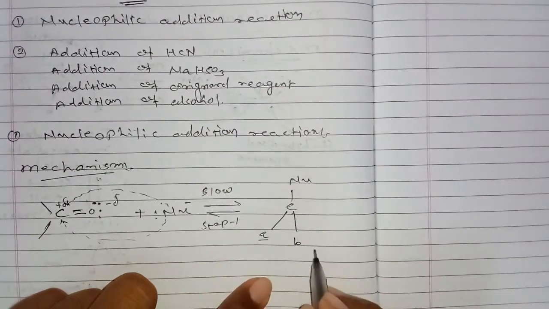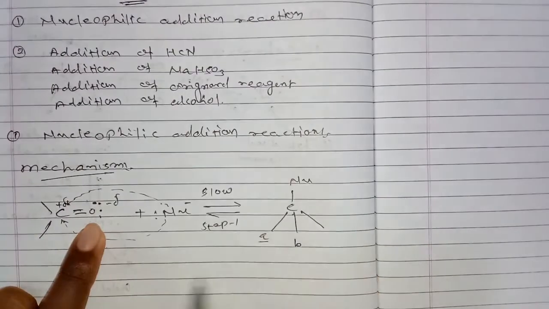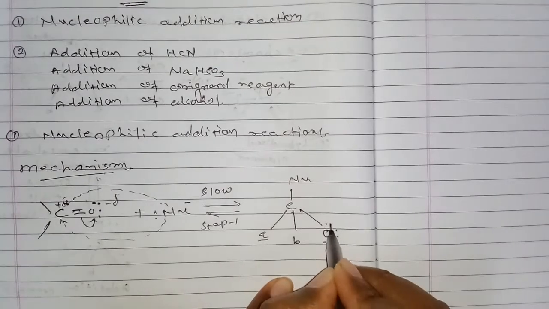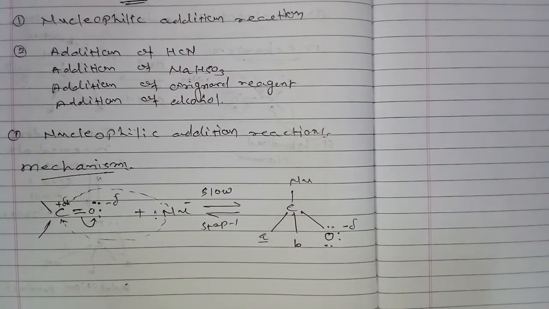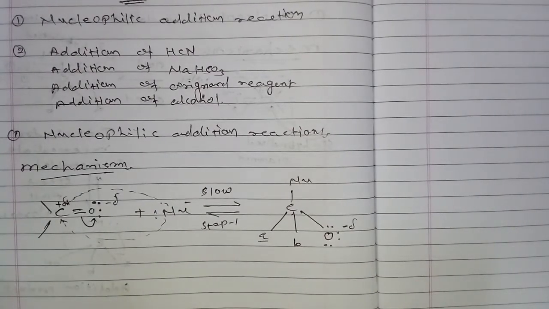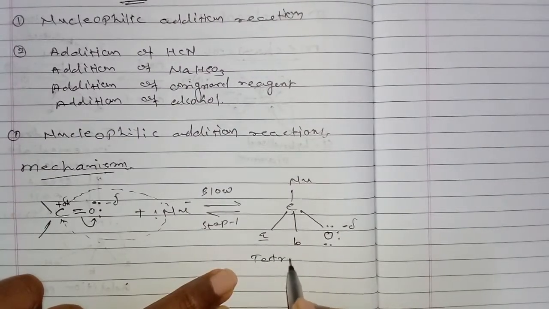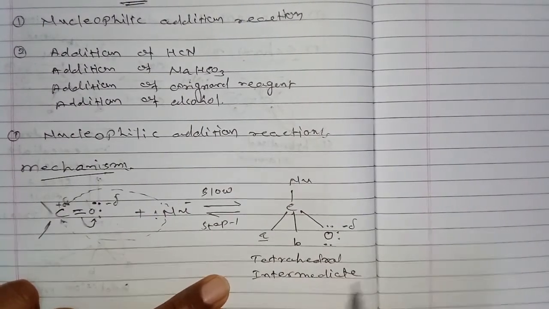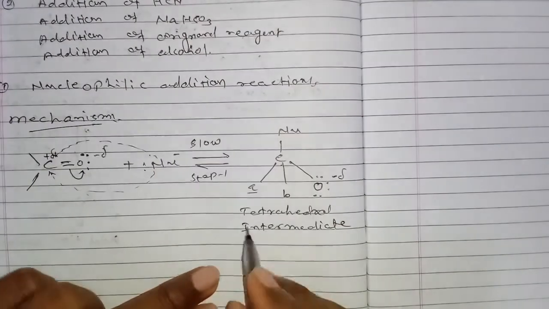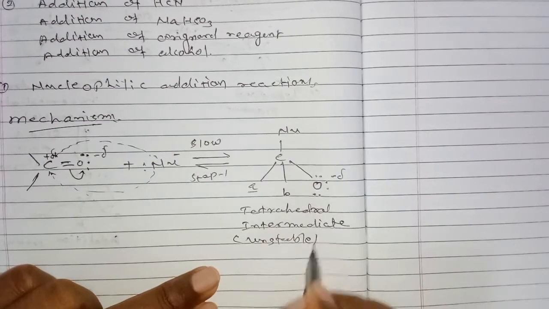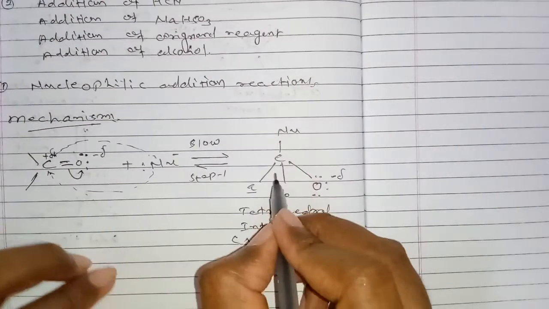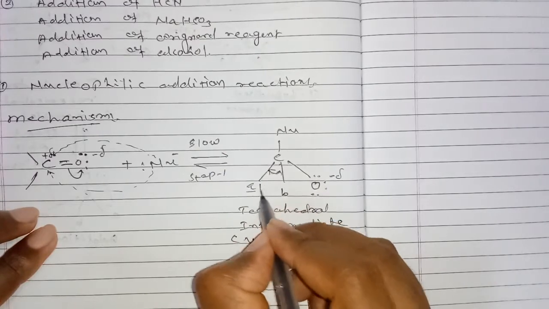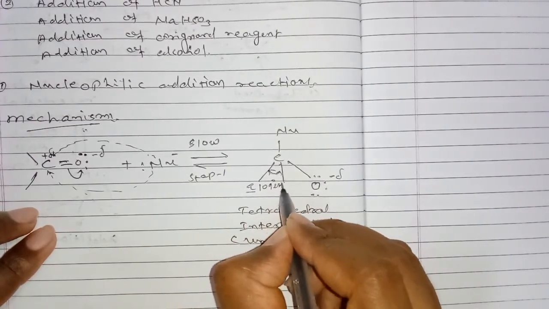This oxygen now has three lone pairs of electrons and a negative charge, and a tetrahedral intermediate is formed, which is very unstable, and the bond angle between A and B is 109 degrees 28 minutes.